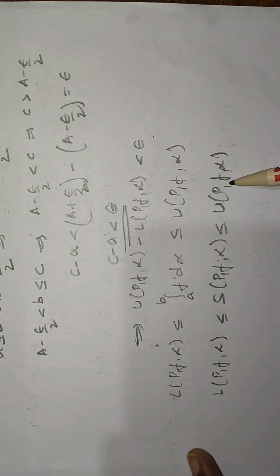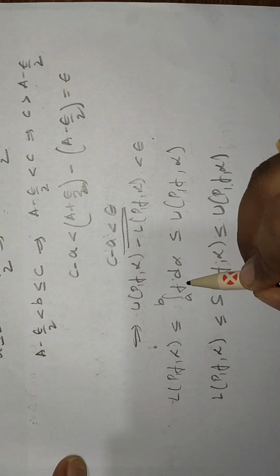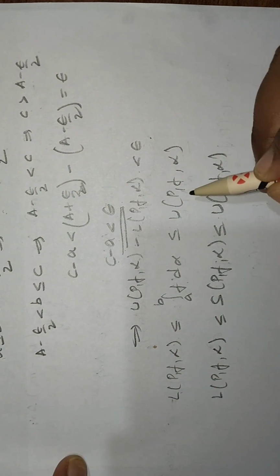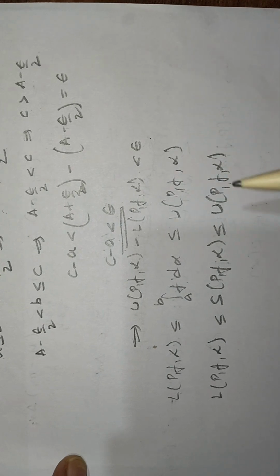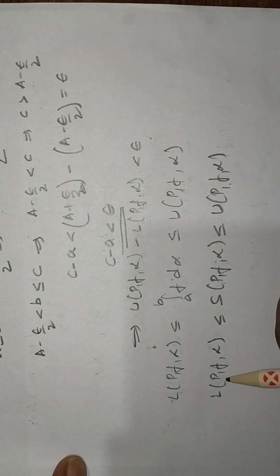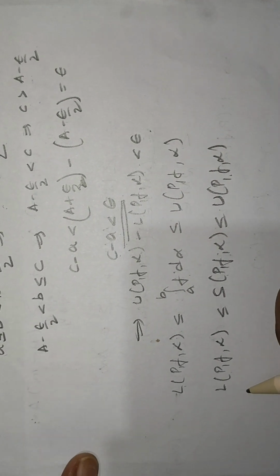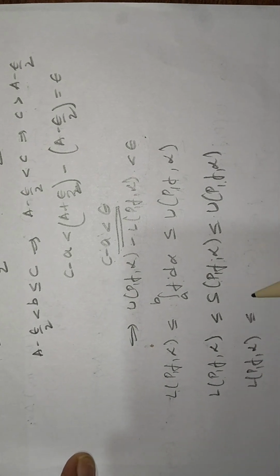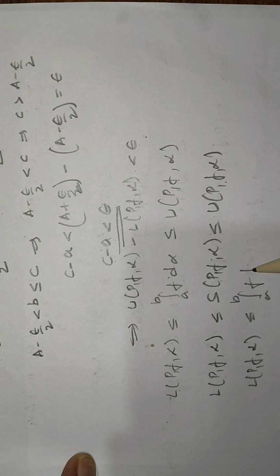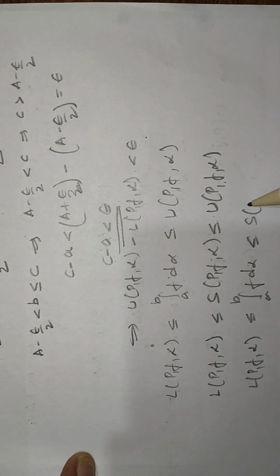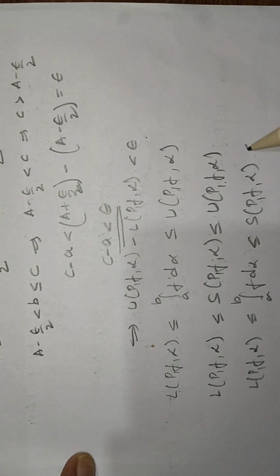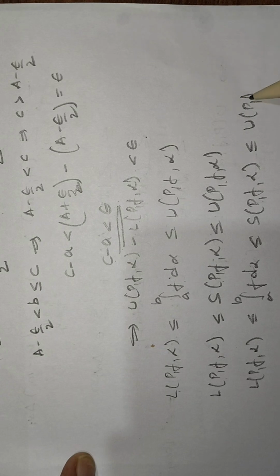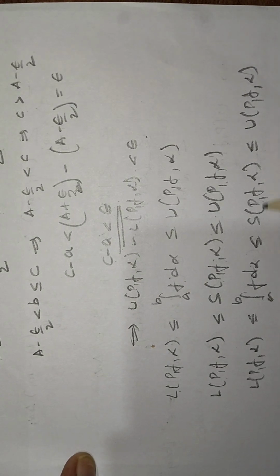It means this lies between L(P, f, α) and U(P, f, α), and also this lies between this and this, and we don't know whether L(P, f, α) ≤ ∫ₐᵇ f dα ≤ s(P, f, α) ≤ U(P, f, α) is right, or the other order is right.